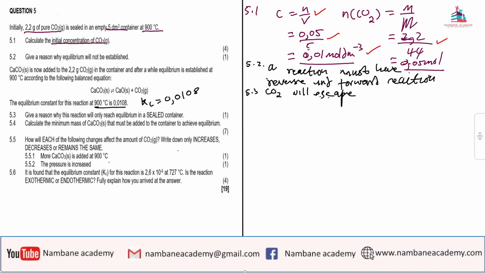We said when we work with a Kc value, only gases and aqueous solutions are part of it. This is a solid, it will not be part. So what does this say? It says to me at 5.4 Kc is just equal to the concentration of CO2.